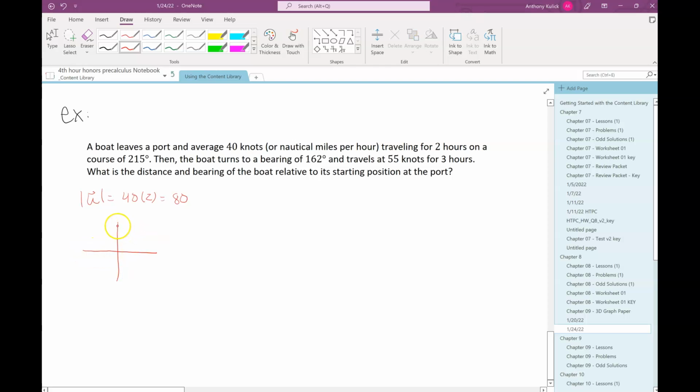So remember, bearings start from north and go clockwise. What I want, though, is the standard position angle. So let's see, that would have been 35 in there, so that would be 55. So 180 plus 55 is 235.